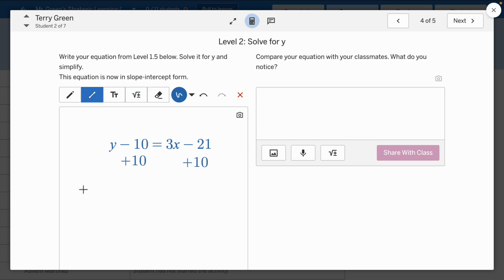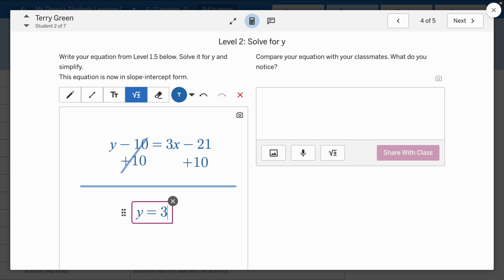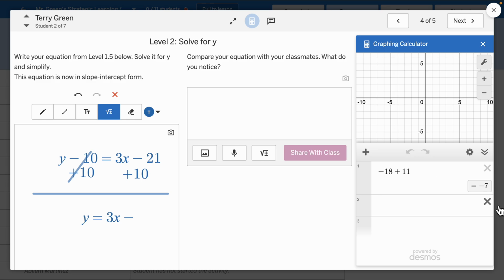Draw an arrow. Like this. This should go away. And so on my left side I have a y. On my right side I have 3x, plus or minus, I don't know actually. Let me go to my calculator here and figure it out.